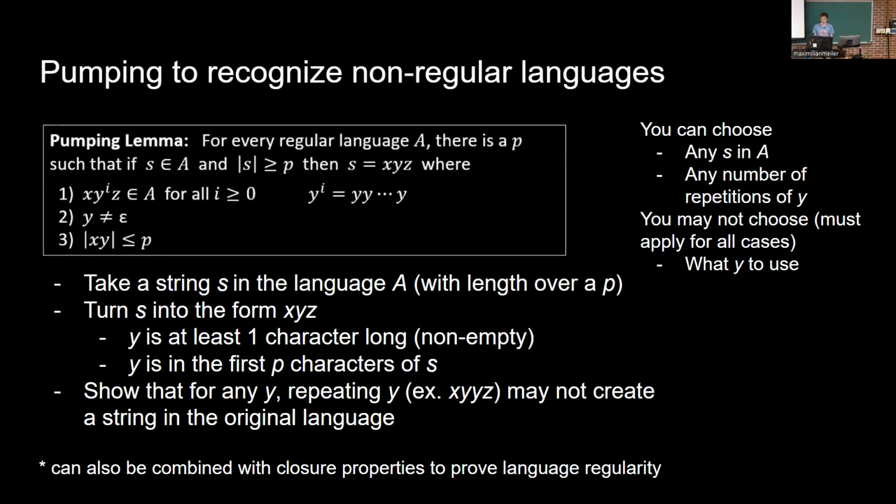If they can be represented by a machine or not. So if we have a language, we'll just call it A, there's a certain value, called the pumping value or pumping distance, where if you're adding more characters onto a string in that language, it's going to force a loop in the machine representing that language.